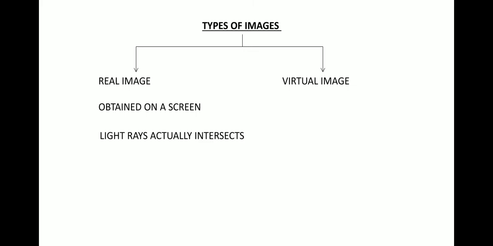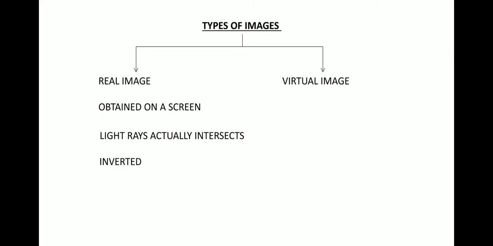There is a point of intersection and the image can be obtained on a screen. And these images are most of the time inverted. Inverted means it's upside down.